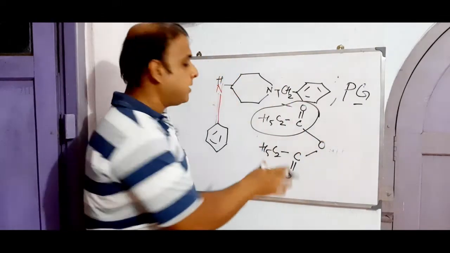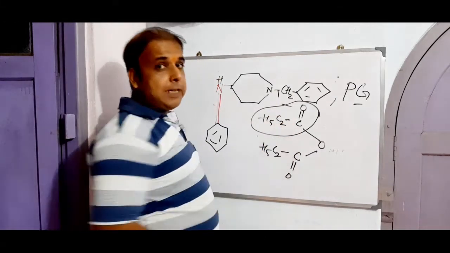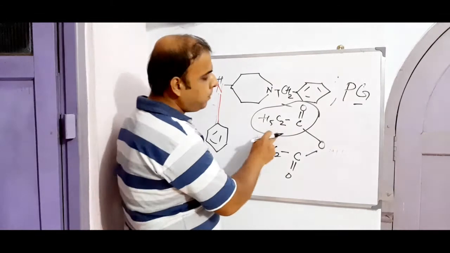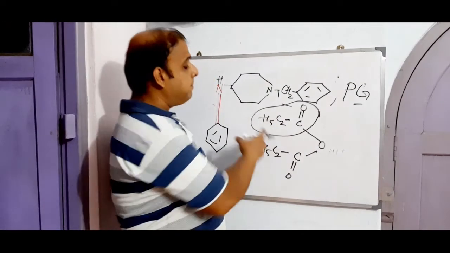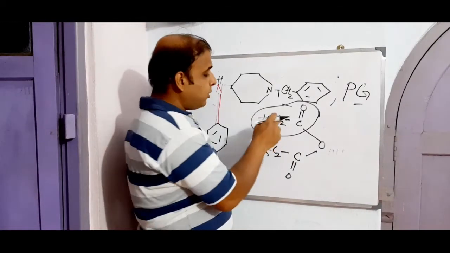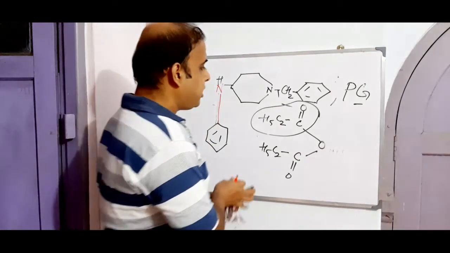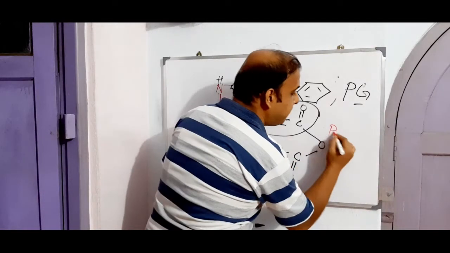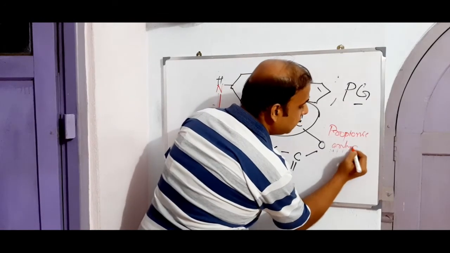All we need is only this much portion. This is propionic anhydride, not acetic anhydride. Once you find that the alkyl carbon number is more than 1, now it's 2, so 2 plus 1 is 3, that means propionic anhydride.